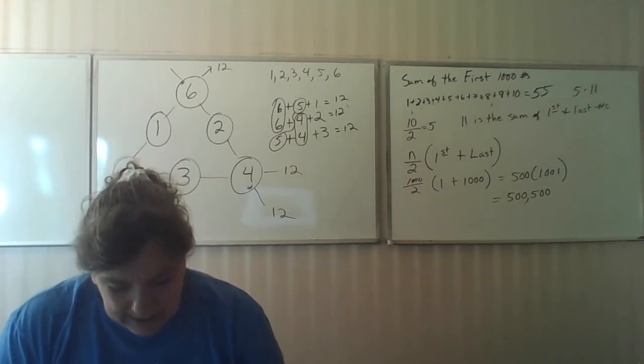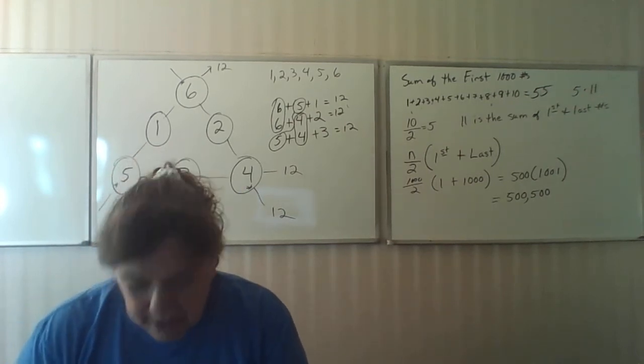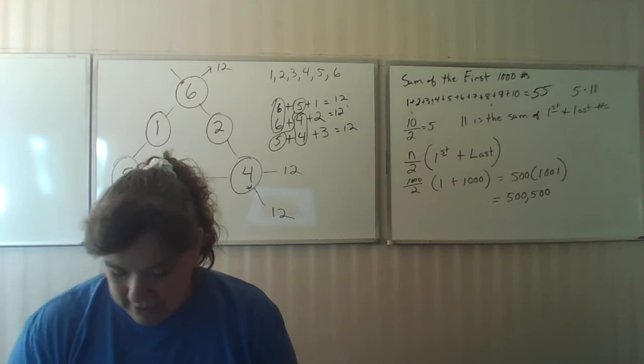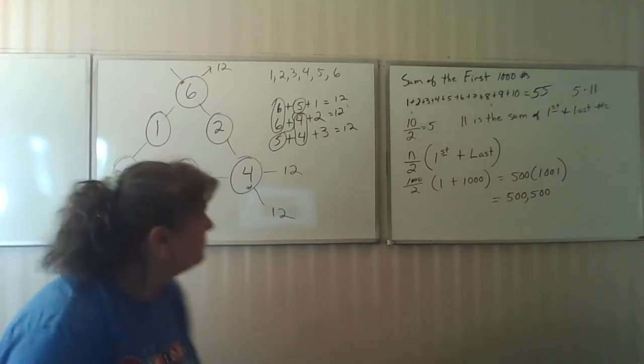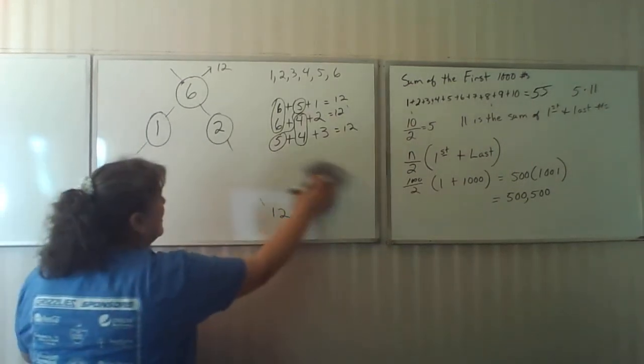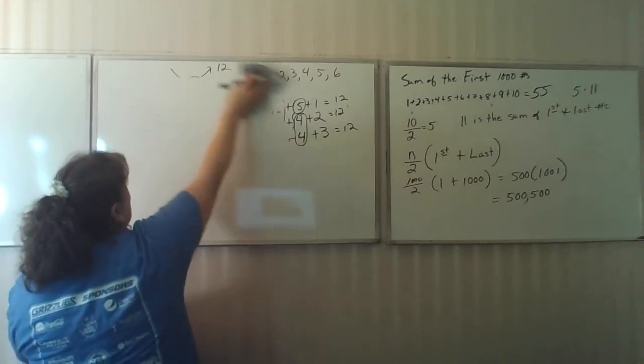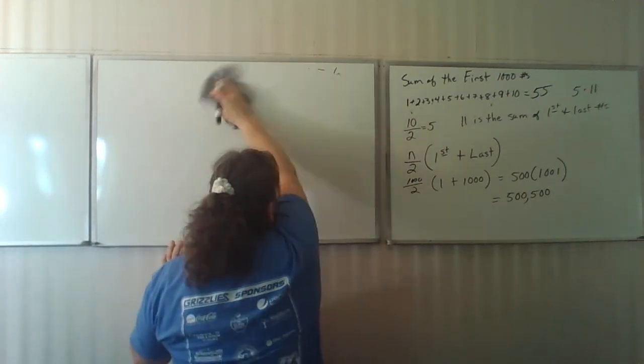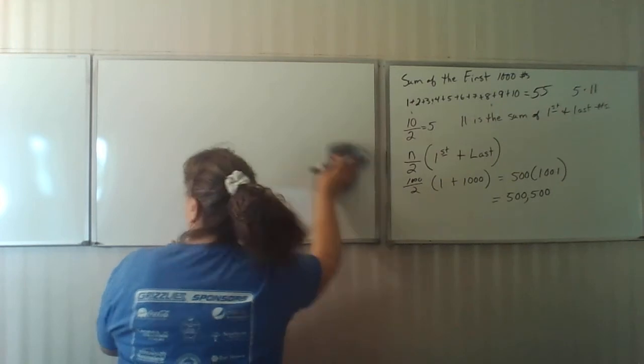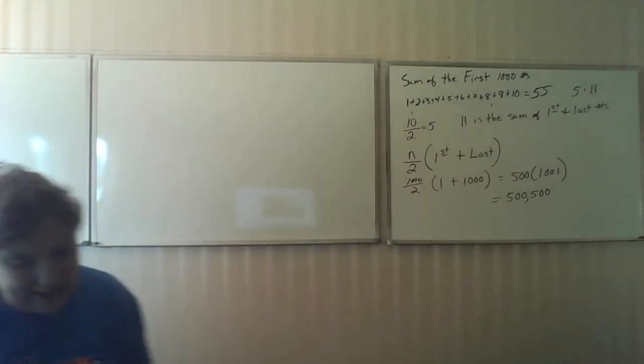So you can see how you can use that pattern to help you figure it out. Let's look at another one. We got several other kinds that we can use. Lots of nice patterns we can look at. Lots of nice problems that are interesting to look at.